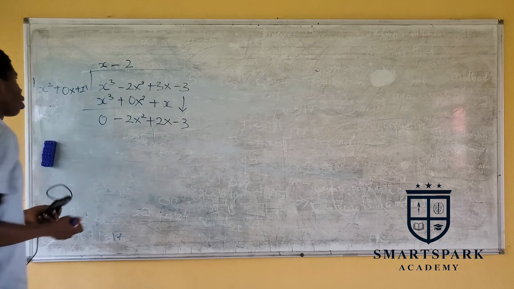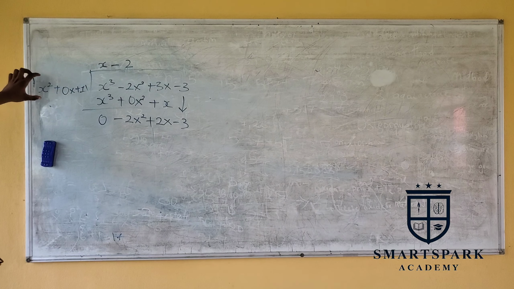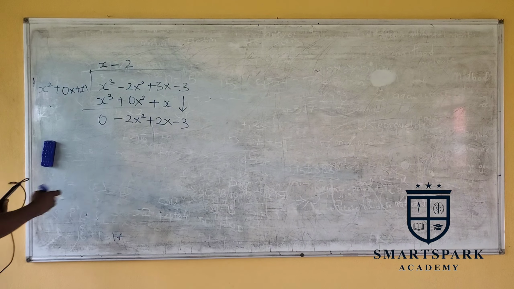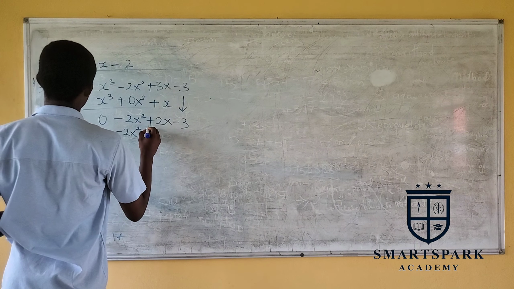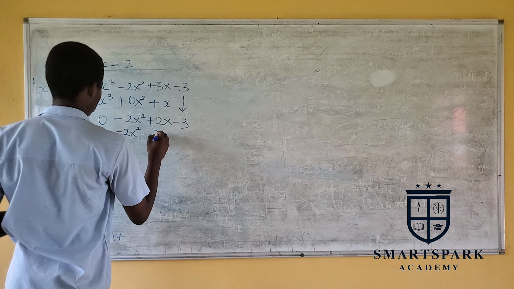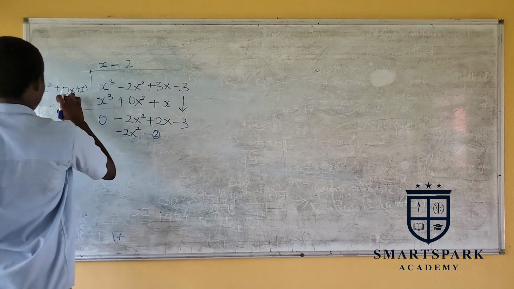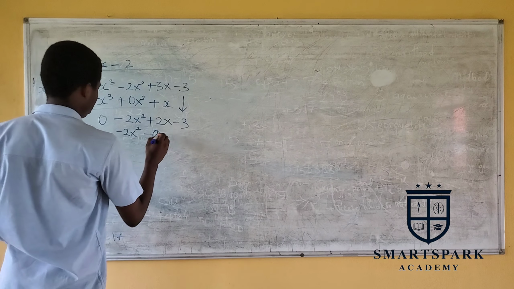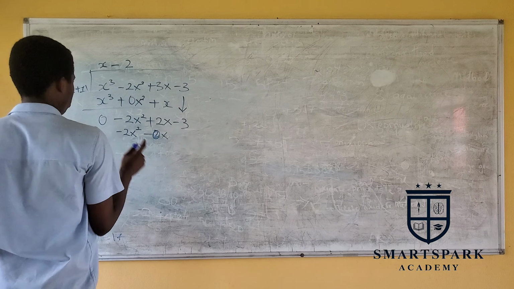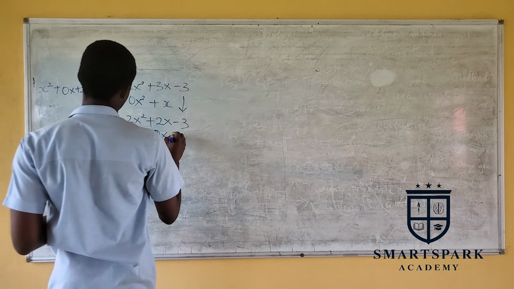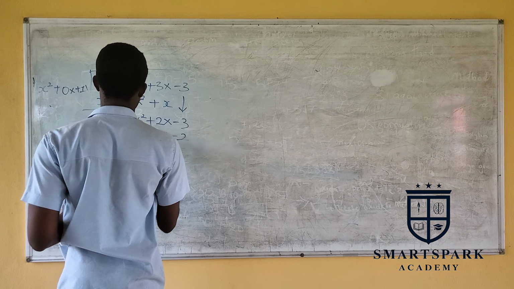We use this minus 2 to multiply the whole divisor again. So this is minus 2x squared plus 0x, because minus 2 times 0x is 0, and minus 2 times plus 1 is minus 2.